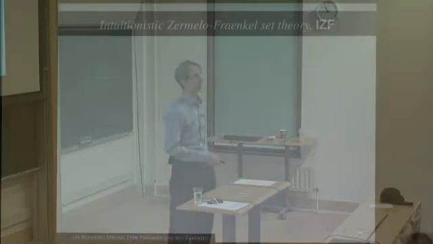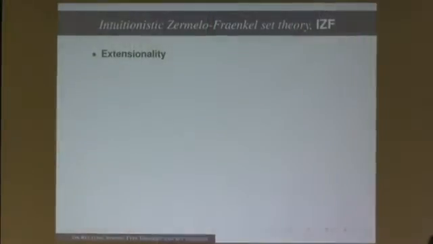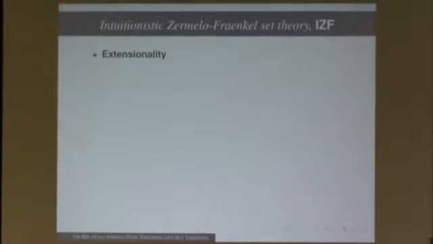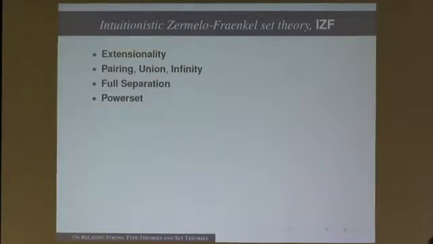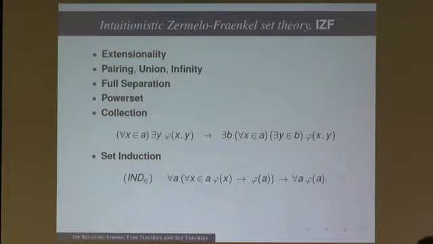And so here are some intuitionistic set theories. The first one is called intuitionistic Zermelo-Fraenkel set theory. And this has just the usual axioms, except for some changes. One change is that instead of the foundation axiom, you have to state it in a positive way. And you better strengthen replacement to collection.